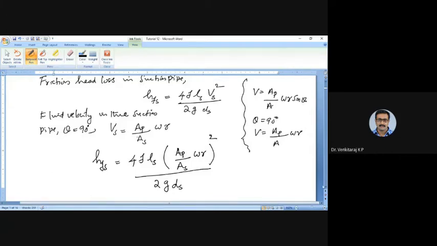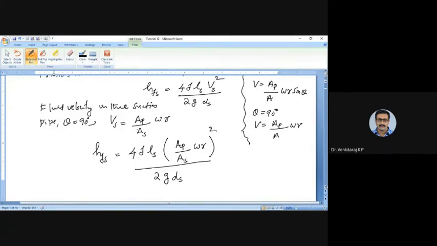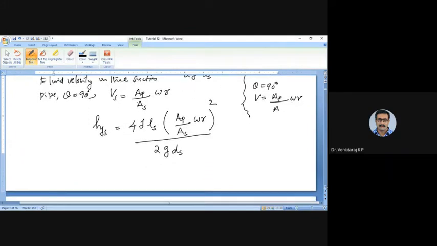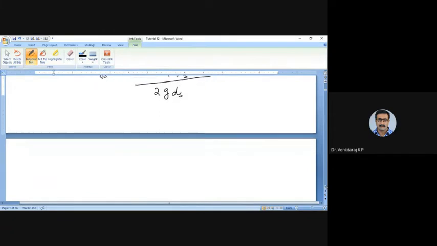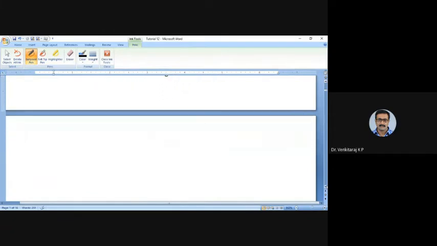Now, since the dimensions of the suction pipe are given, we can easily find out the frictional head loss in the suction pipe. So HFS equal to 4 into F value 0.02 into suction pipe length is 6 meter.